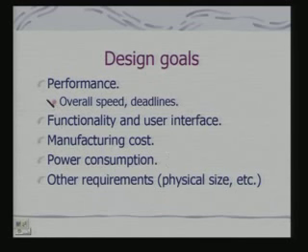I may just give you performance as a criterion, but your weight and power consumption, although related to this, have to be satisfied. Otherwise, your product will not be acceptable in the market. You cannot make a digital camera which would weigh maybe 10 kgs. Nobody will buy it. Fine.